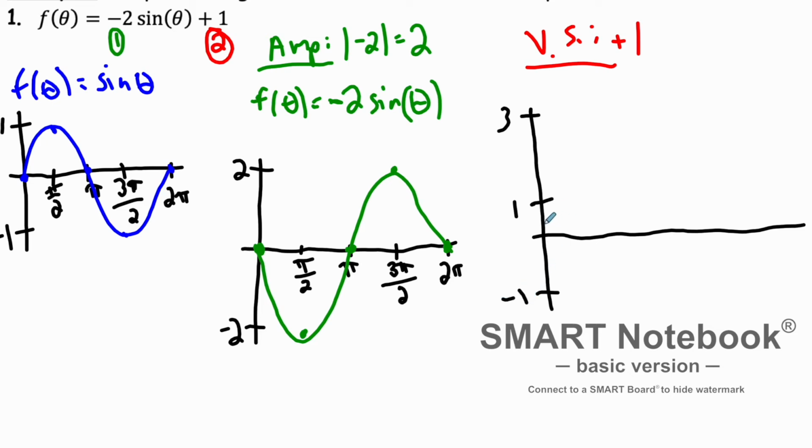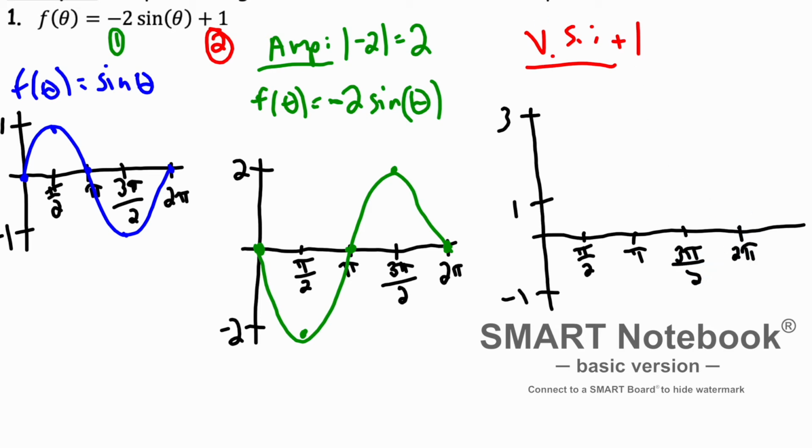That's a little not proportionate, but you get the idea. Okay, so let's put our x coordinates on here. So we got pi over 2, pi, 3 pi over 2, and last 2 pi.